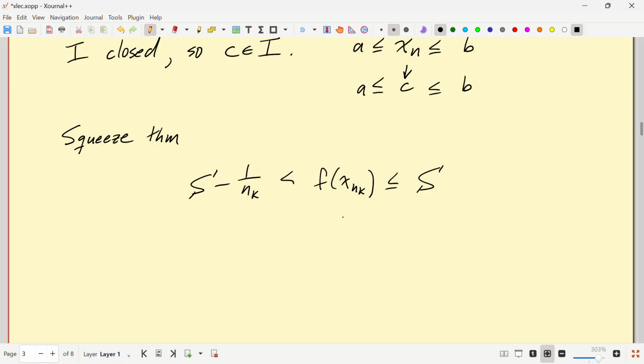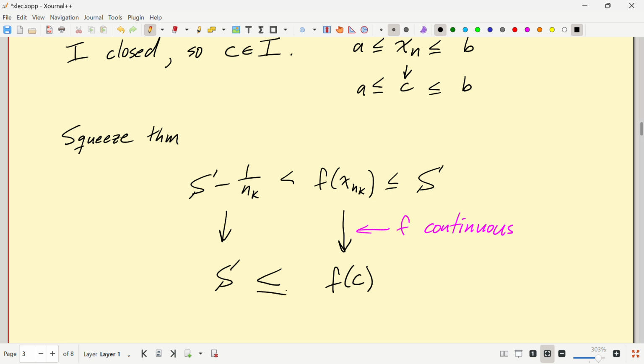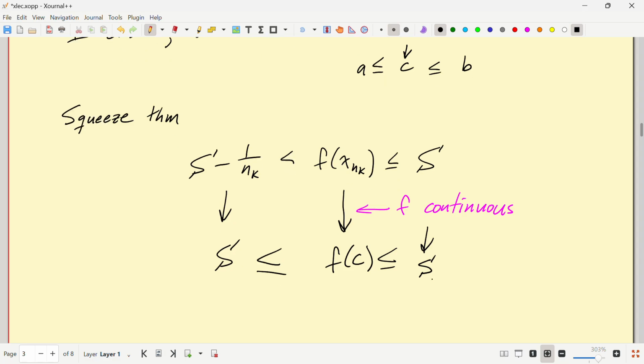f is continuous. So I'm using the fact that f is continuous. And so this goes to f of c, and of course this one goes to S, and in the limit they'd be less than or equal to. And so I found a spot where the sup is attained.